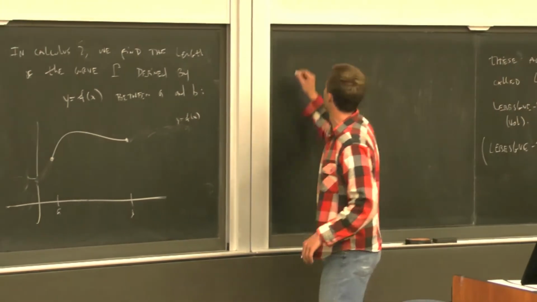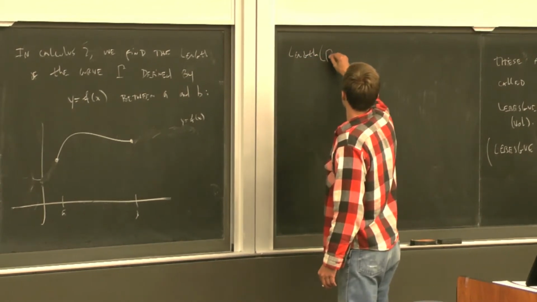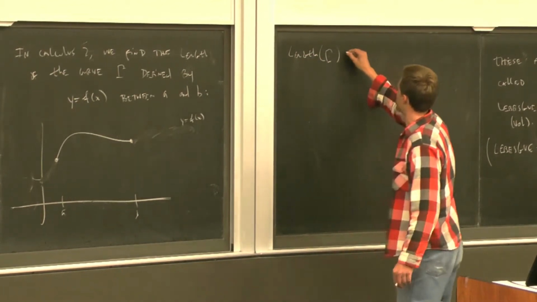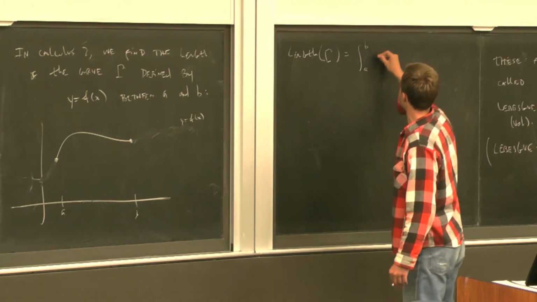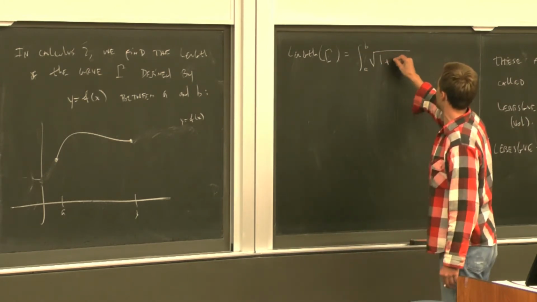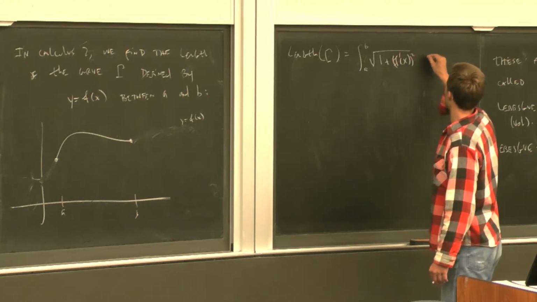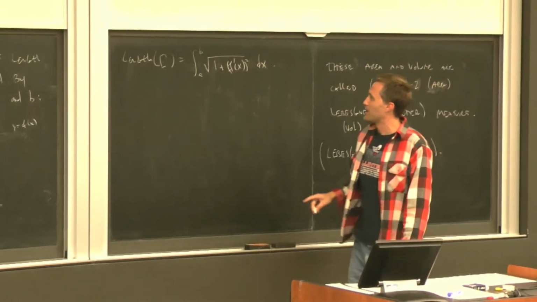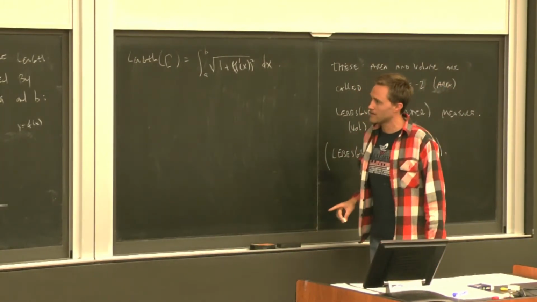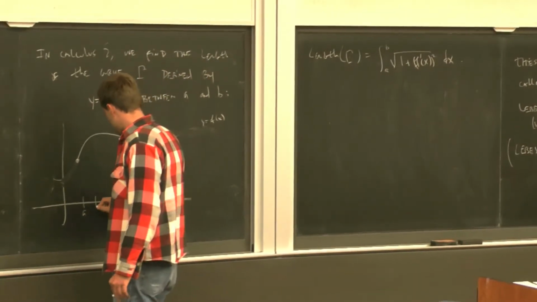So the length of gamma is equal to the integral from A to B, rewriting our formula that we all memorized, but we don't remember where it came from. There's the length of gamma, right? And how did we get this? Well, we did the exact same thing, remember?